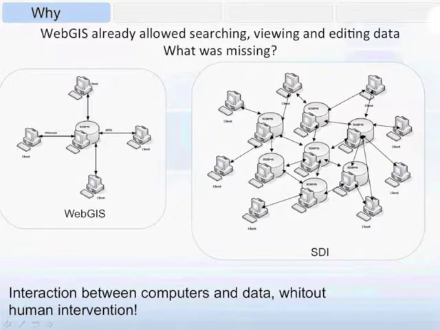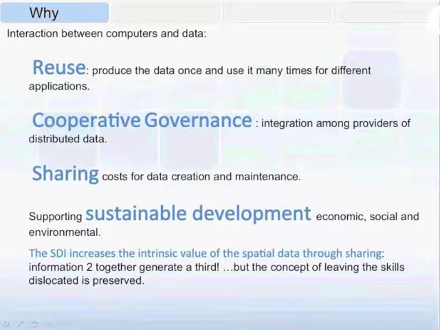But these data in general did not overcome the boundaries of the local network of the local office. So what was missing was the interaction between computers and data without the need of human intervention to bring this data out. So what implies the interaction between computers and data? The reuse.